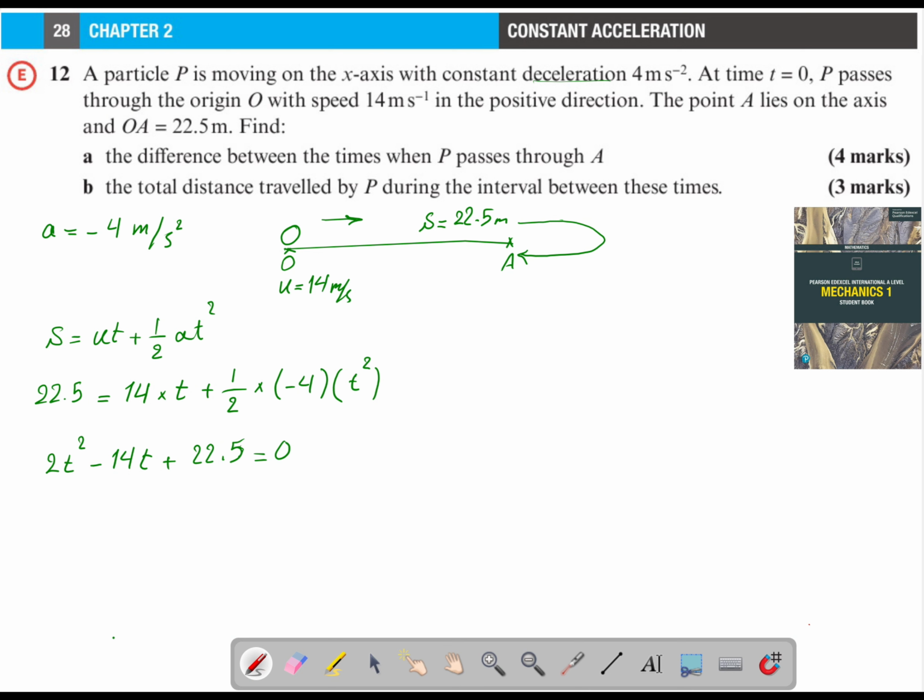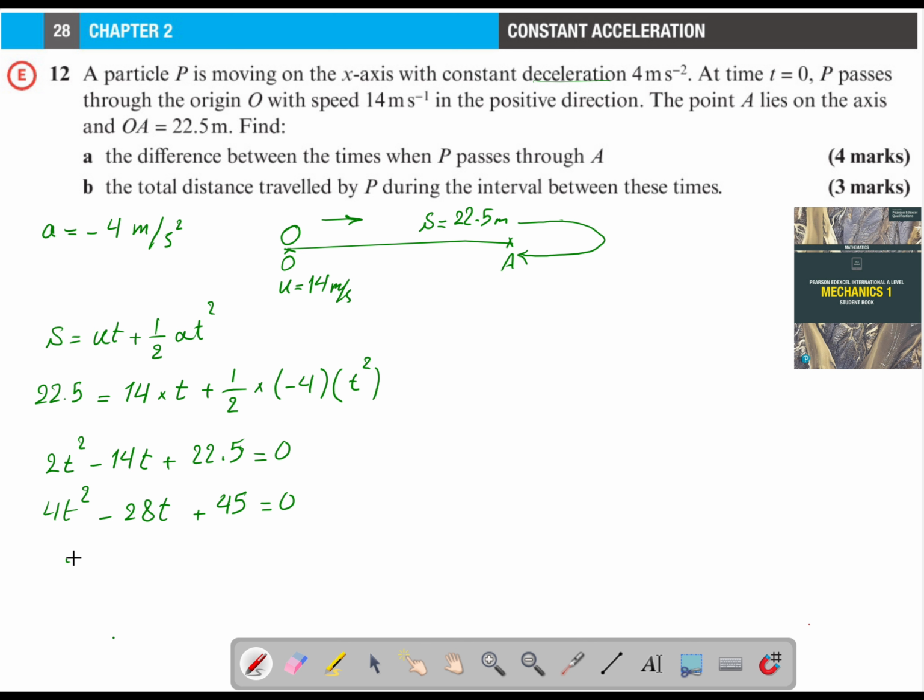Okay, if we multiply by 2, it will be 4t power 2 minus 28t plus 45 equals 0. Or you can directly find it using your calculator.